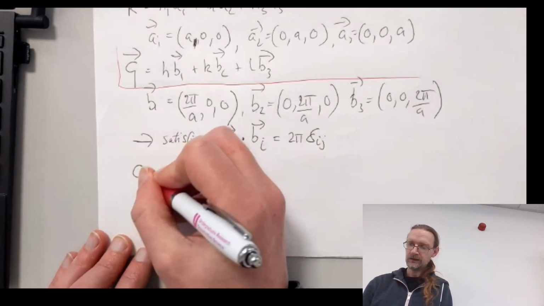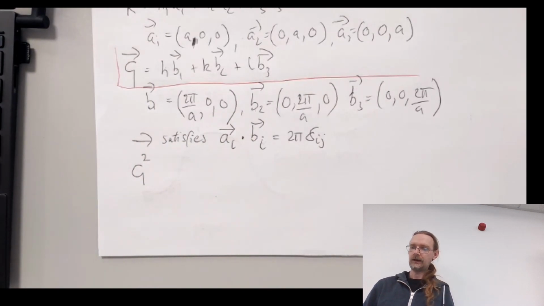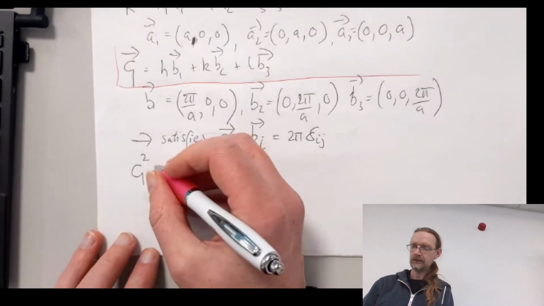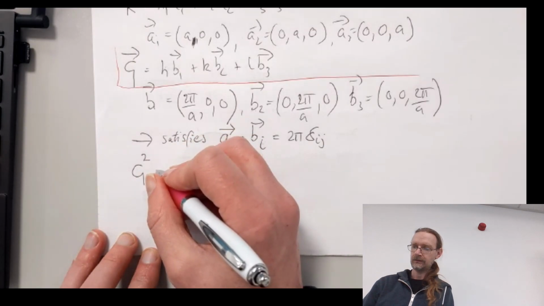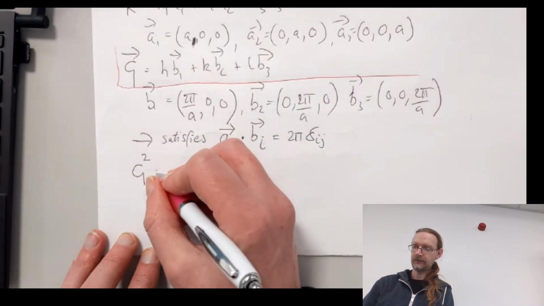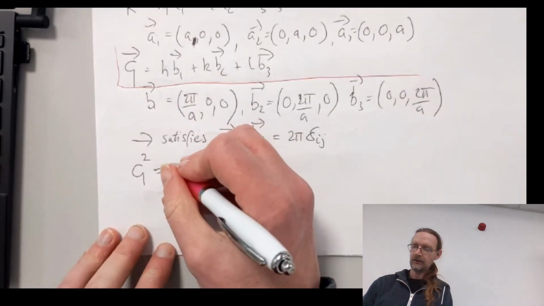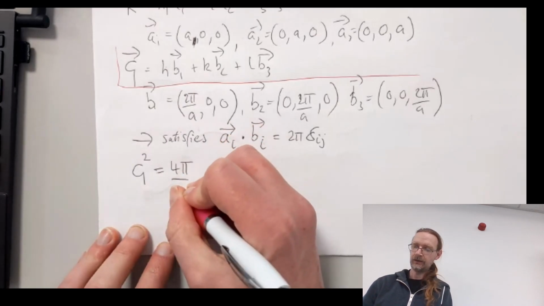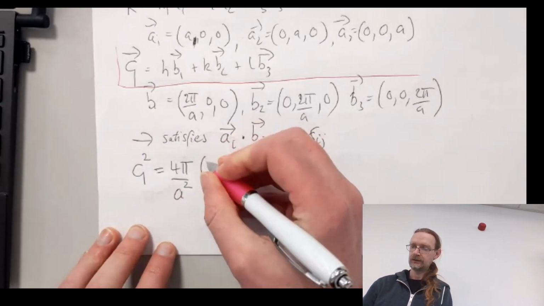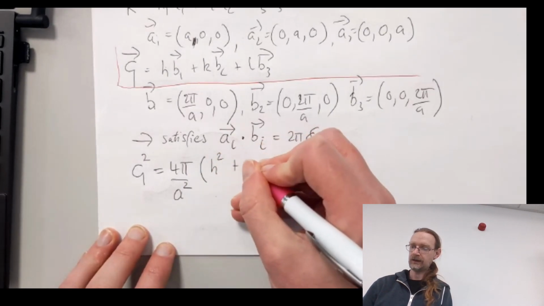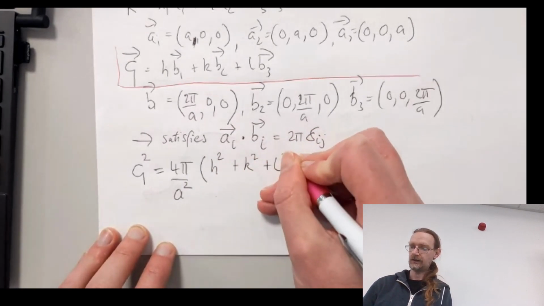So G squared, the square of the length of that thing, is going to be G dotted with itself. Everything's at 90 degrees. So I'm going to get 4 pi squared on a squared, times h squared plus k squared plus l squared.